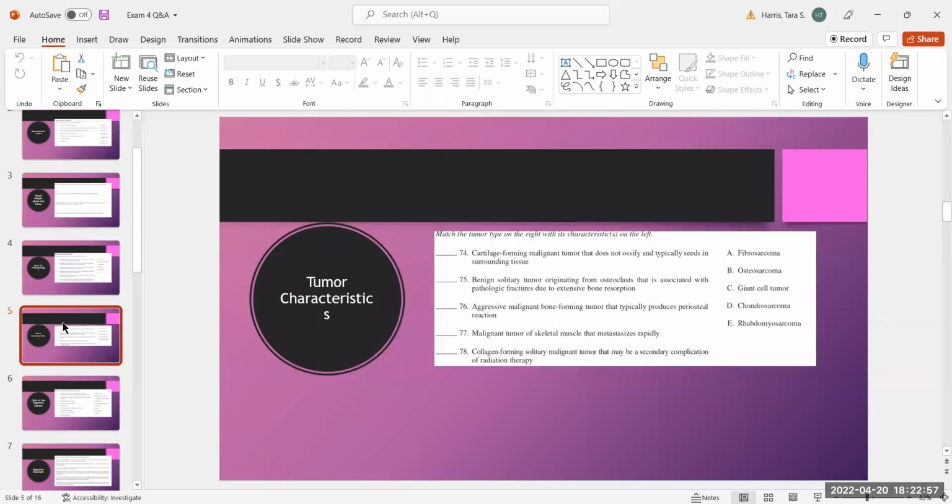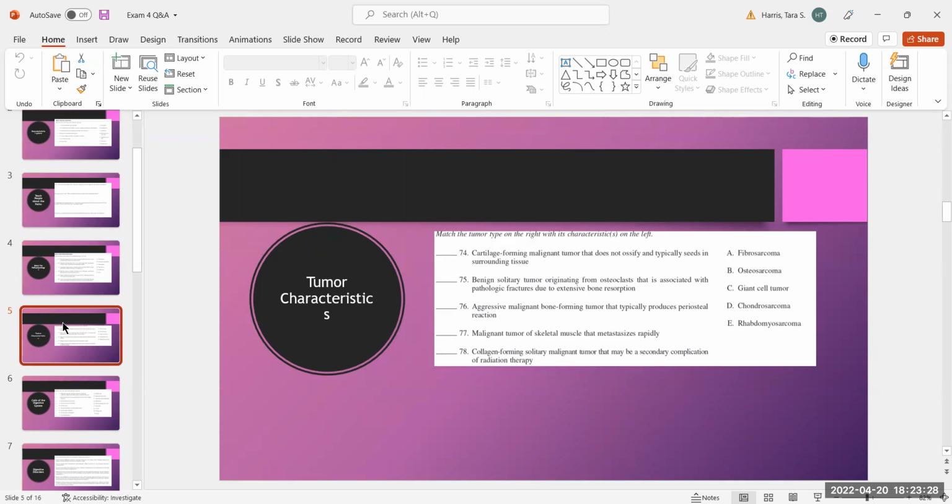Let's see, another malignant tumor of the skeletal muscle that metastasizes rapidly. Rhabdomyosarcoma. Yeah. And then you have the collagen forming solitary malignant tumor that may be a secondary complication of radiation therapy. Fibrosarcoma. Yeah, fibrosarcoma.